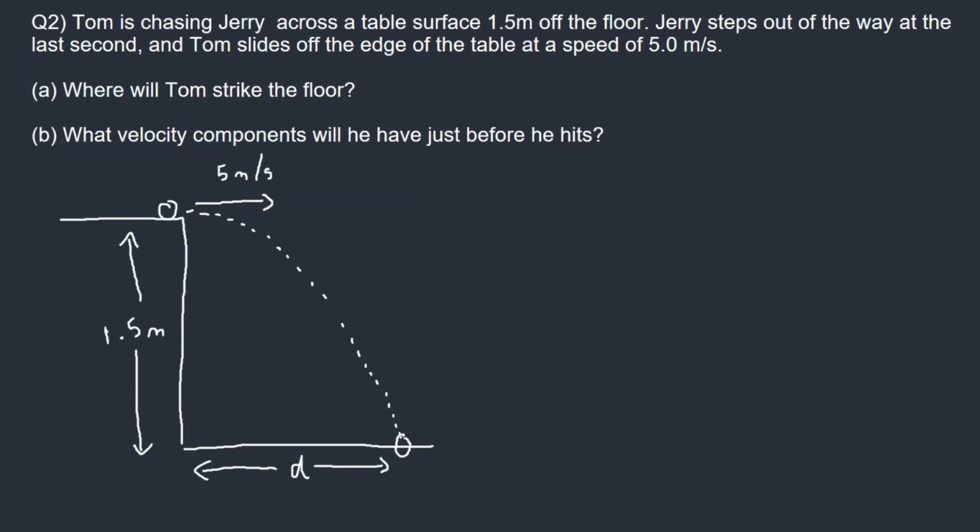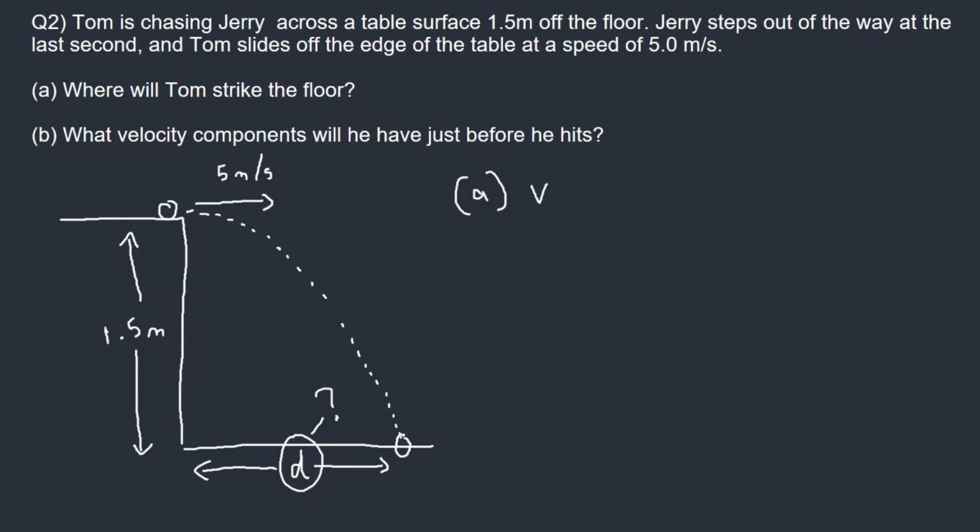And so when we look at question A, where will Tom strike the floor? What we're really asking is, what is this distance d? Now, for equations in projectile motion in the x direction, we already know that the equations are quite simple.